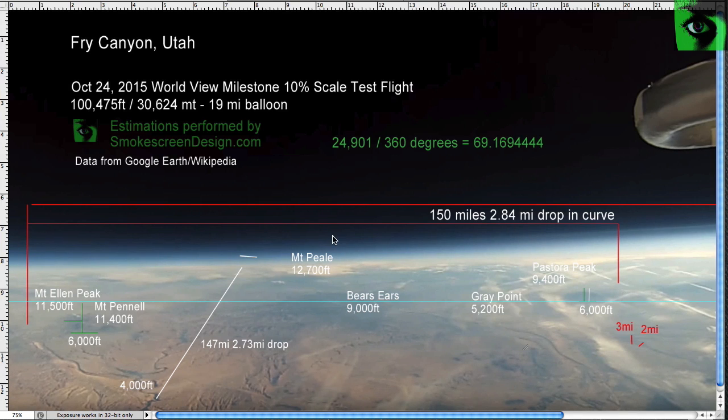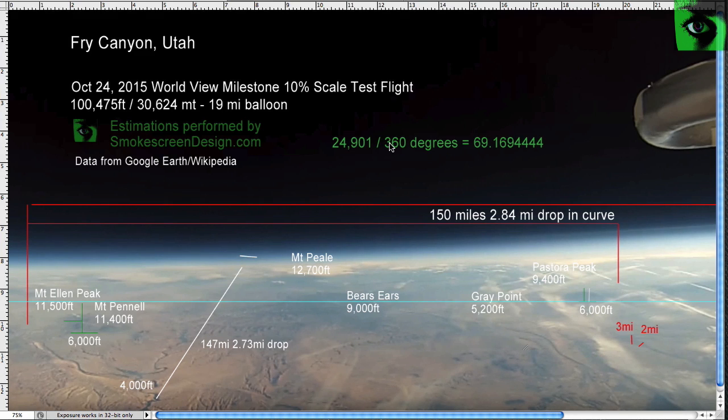And I'm going to come back to this picture, since this is a real picture we get to look at instead of animations and cartoon drawings, that kind of stuff. Now, the Earth's circumference is supposed to be 24,901 miles, and a circle is 360 degrees.